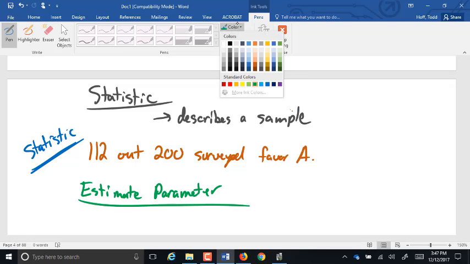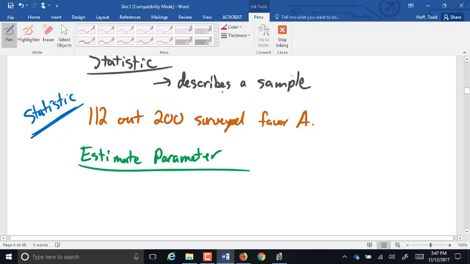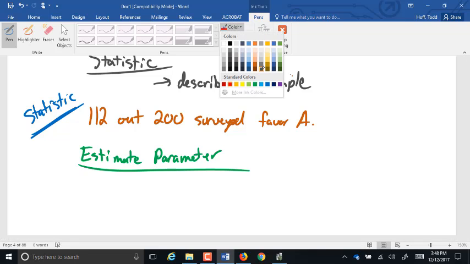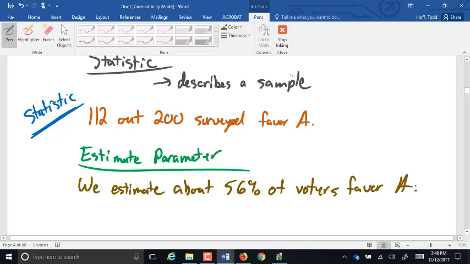If we know the parameter, like I said, there's absolutely no reason why you would take a sample and calculate statistics off of it. So what we might state is we estimate about 56% of voters favor candidate A. That came from that sample statistic, but it is a parameter because it is a statement made about the population.